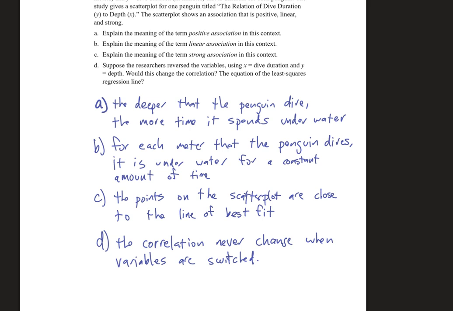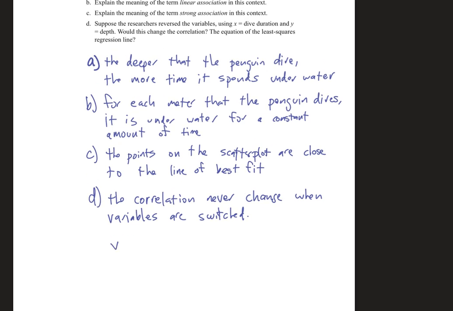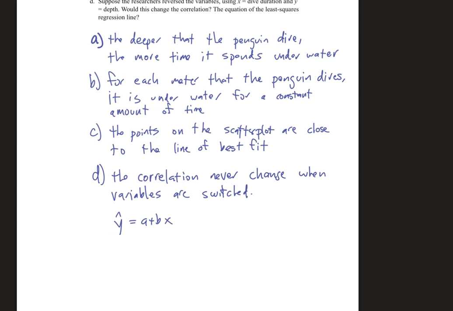The equation of the least squares regression line, you end up getting an inverse equation. So let's say originally you had the equation y hat equals a plus bx. Then these would switch. This would be like x equals a plus b y hat.